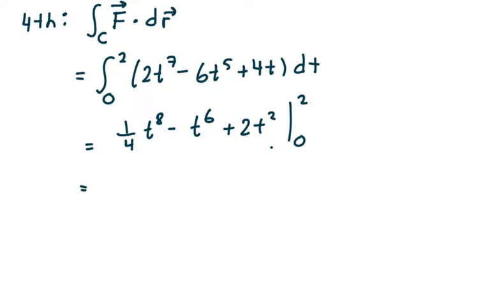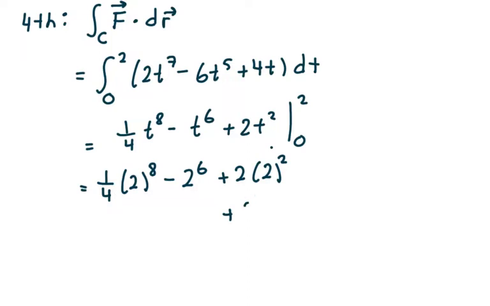So if I plug that in, I get 1/4 times 2 to the 8th minus 2 to the 6th plus 2 times 2 to the 2nd. Now I already know that 2 times 2 to the 2nd is equal to 8, right? So I'm going to put an 8 here. But I want to show you something kind of neat. I already know that 4 is 2 squared.